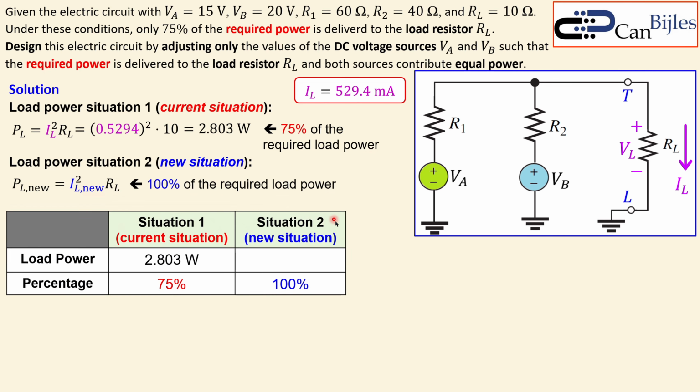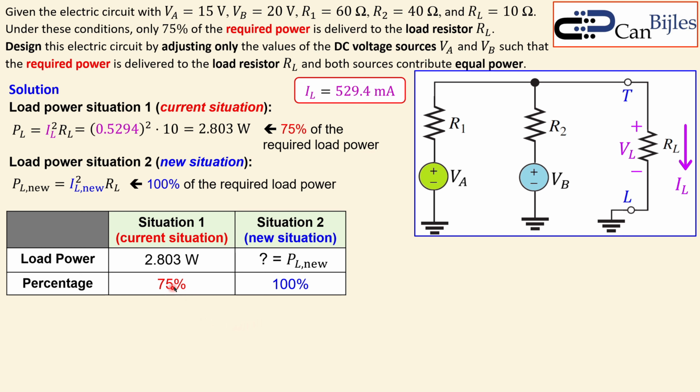So what can I do? Let's make a table. This is situation 1. This is situation 2. The load power was already calculated here, 2.803 watts. This percentage of that is 75%. I need to go to 100%. That means this is now unknown for situation 2. So how can I do that? In order to go from 75% to 100%, I can multiply by a scaling factor, which is 100 over 75.